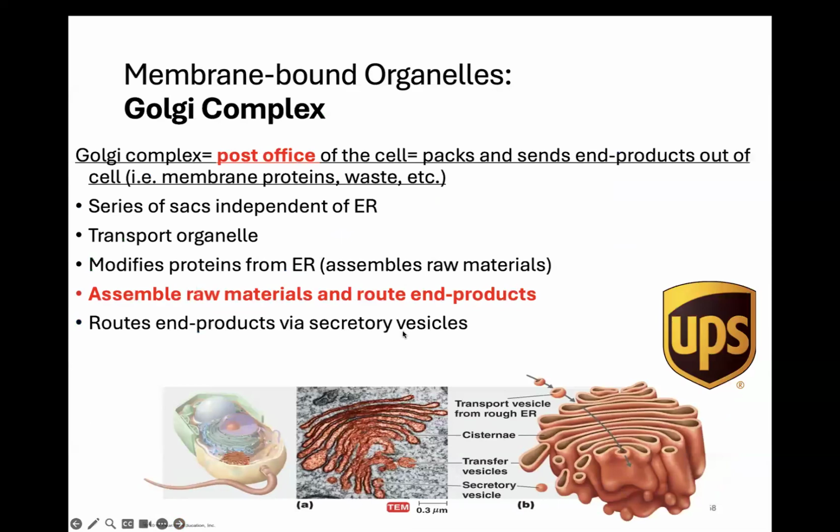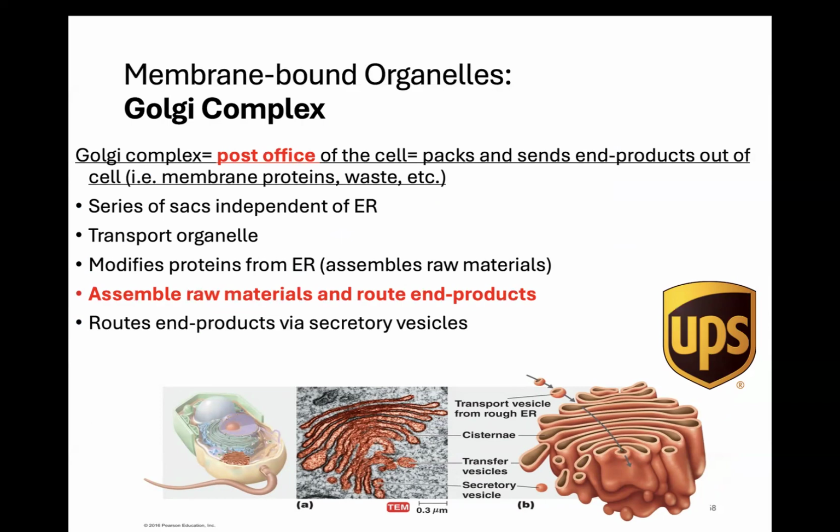Next, we have the Golgi apparatus or the Golgi complex. The Golgi complex is basically the area of the cell that tells things where to go. So we say it's the post office of the cell. It processes, sorts, and ships proteins and lipids that were made in the ER.